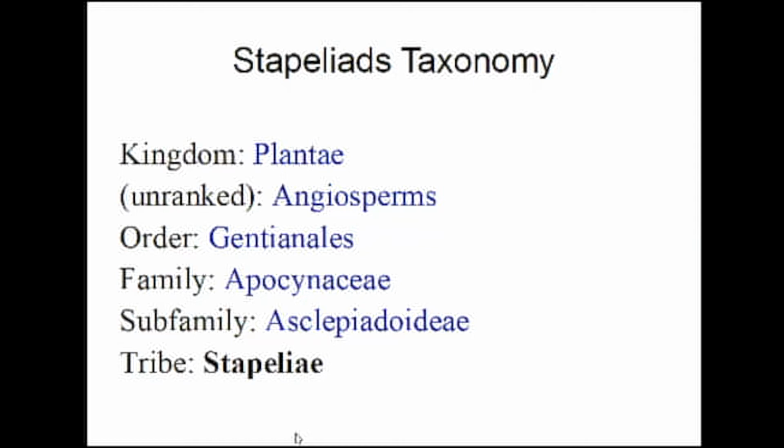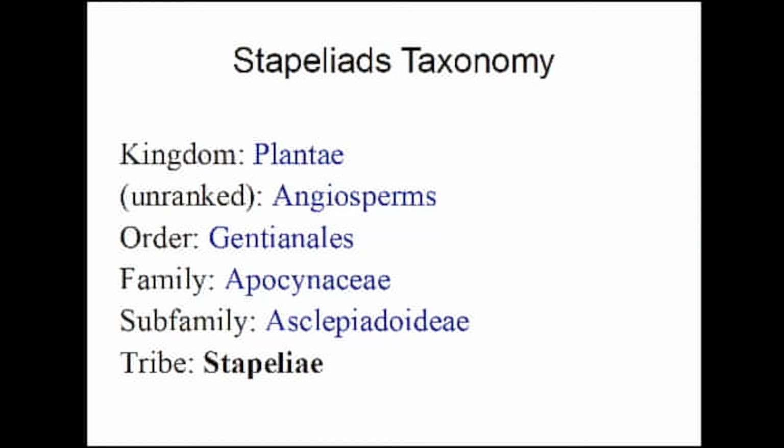They are plants, of the order Gentianales, which is a higher rank than family Apocynaceae, and subfamily Asclepiadoideae. In the old days, they belonged to a family Asclepiadaceae, which was a larger entity than subfamily.